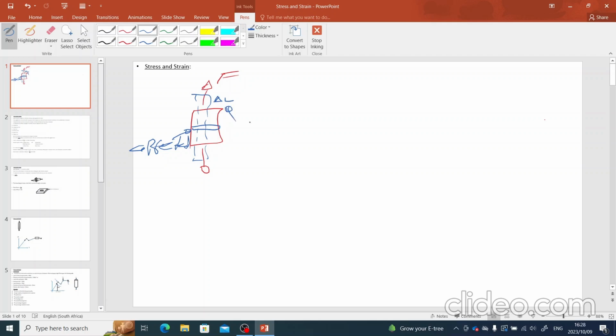Now, when the change occurs, we said it is the deformation of the material. What is deformation? Deformation is your strain. Deformation is the strain as a result of the applied force. But before this material can experience the change, or before this material can deform, we said that because of the strength of that material, it will first resist.